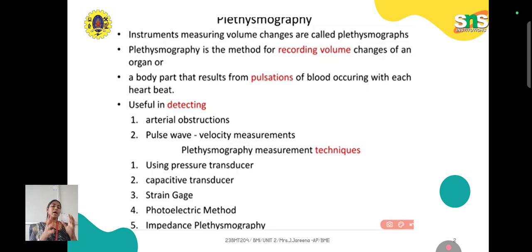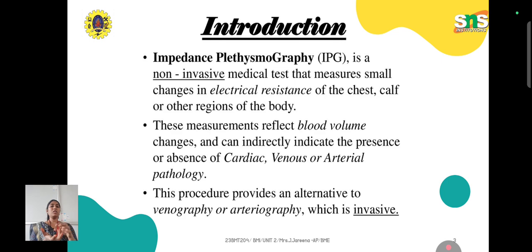All are good at measuring volume changes, that is the plethysmographic technique. But I am going to take one particular technique to discuss further in this class, that is impedance plethysmography. How this technique is helpful to measure blood flow is today's topic.